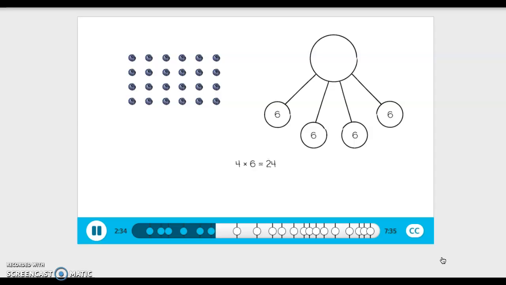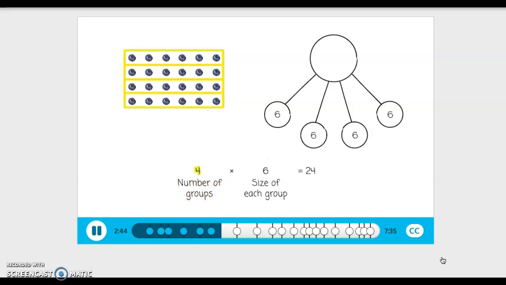You got it! Let's look back at the equation. This factor tells us the number of parts in the number bond, 4. Parts are like groups. We can see 4 groups here as the 4 rows in our array, and 4 part circles here in our number bond.